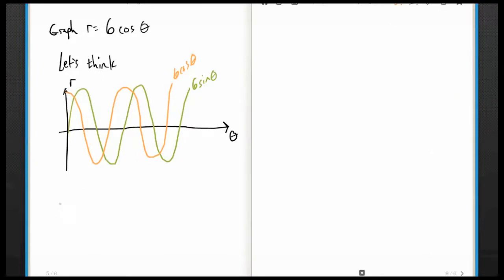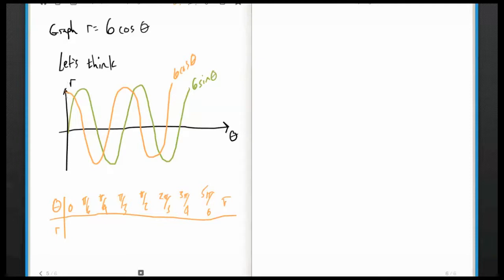So my table of values will be, let's make a theta and r like this, and we'll see what happens. This theta starts at 0, and then we do the same thing: pi by 6, pi by 4, pi by 3, pi by 2, and then what comes after, 2 pi by 3, and then 3 pi by 4, and then 5 pi by 6, and then pi.